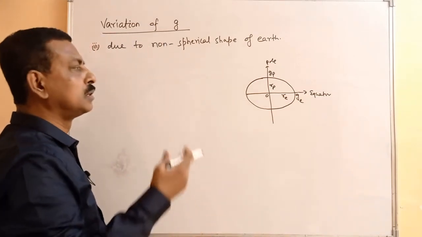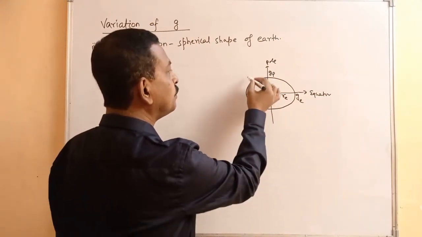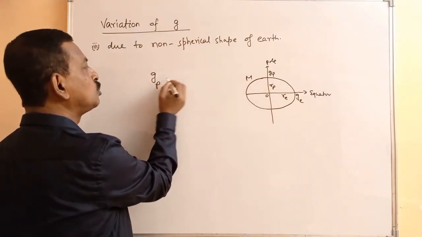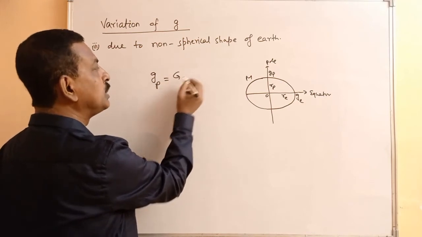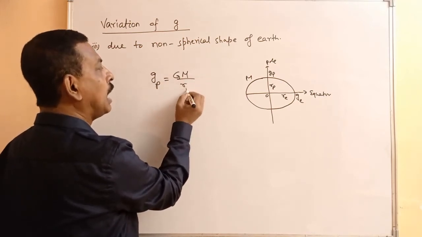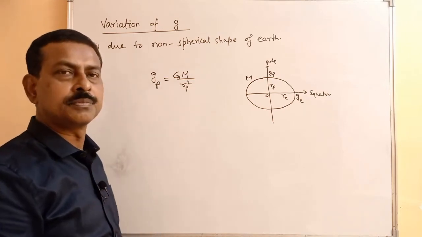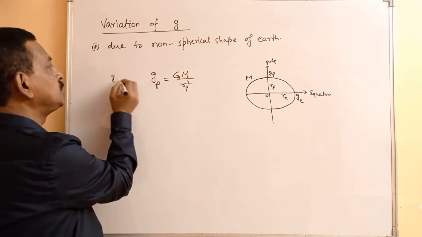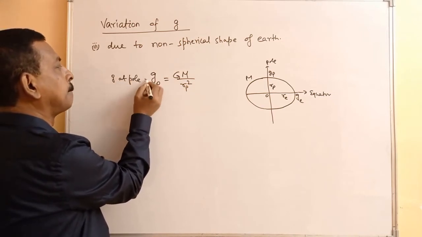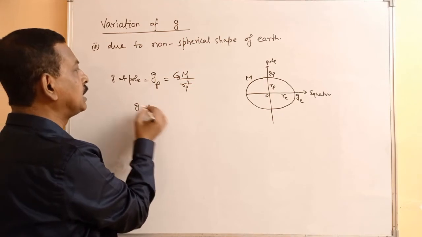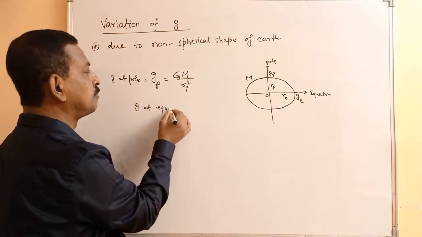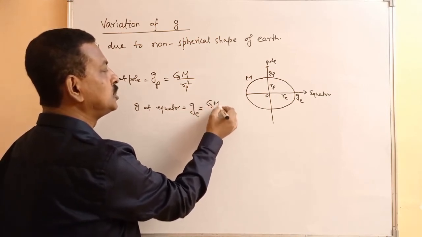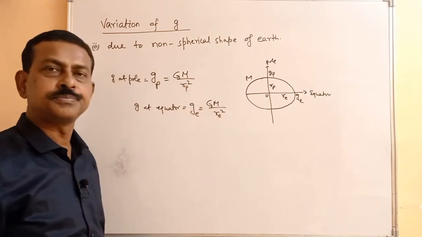Going by the expression, if the mass of the Earth is capital M, the acceleration due to gravity at the pole will be GM by RP whole squared. Similarly, the acceleration due to gravity at the equator, GE, will be GM by RE whole squared.